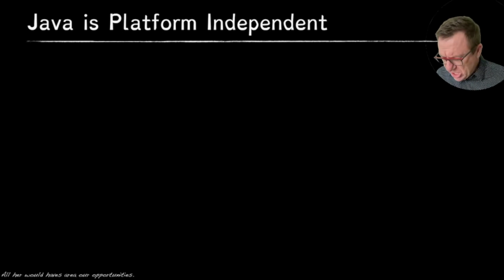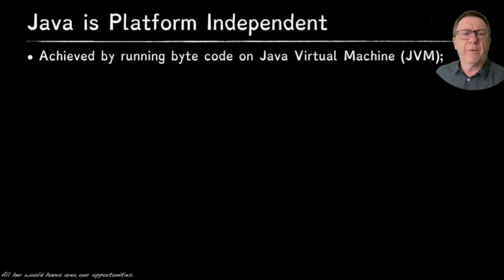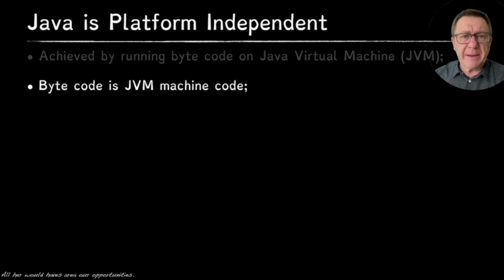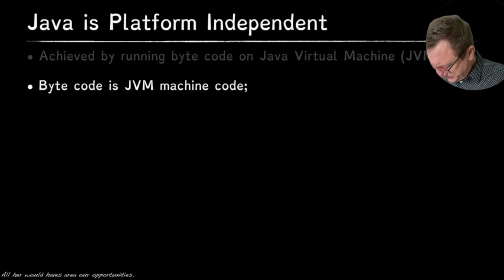Now, Java, an independent platform, so what do we mean? Well, what happens with Java, you say here it's achieved by running bytecode on the Java virtual machine, the JVM. So, bytecode is the Java virtual machine's machine code. If you recall earlier I talked about machines understanding machine code. Well, let's try and draw it.